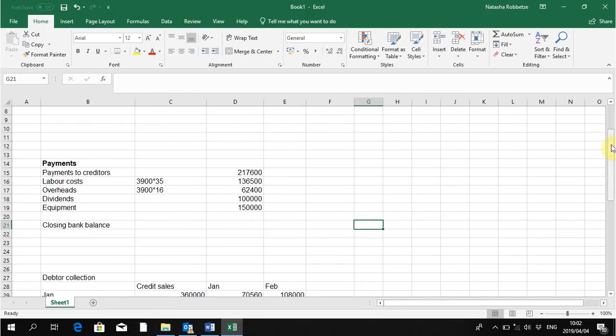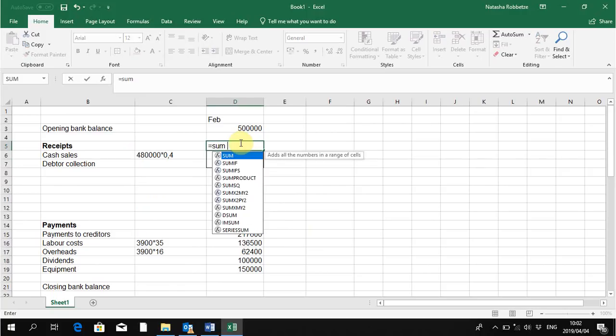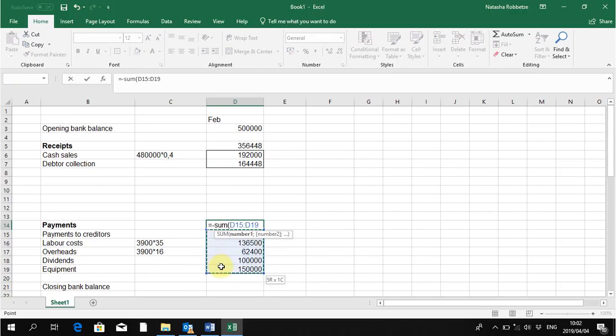So I am going to calculate the sum of all the receipts. I'm going to calculate the sum of all the payments, and I make it negative because payments should be negative.